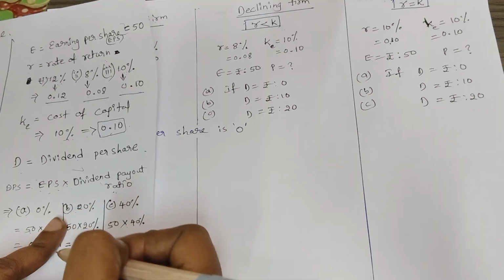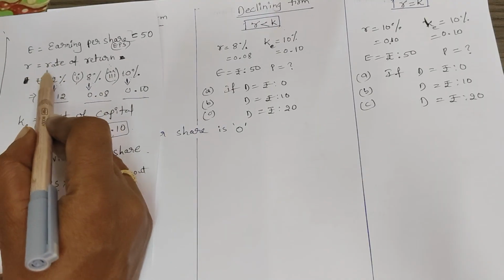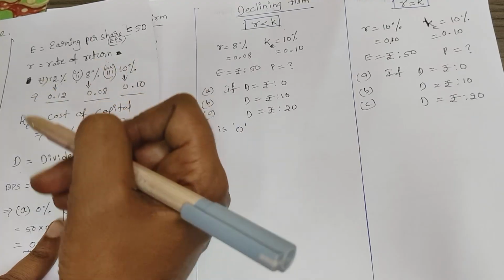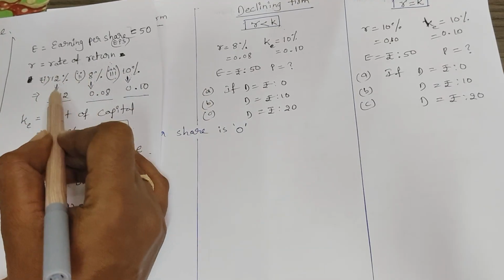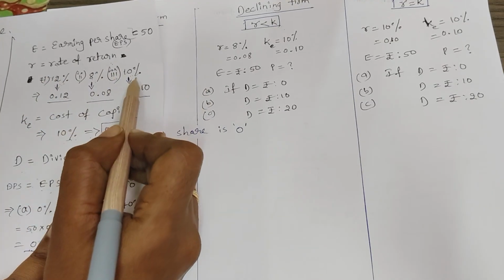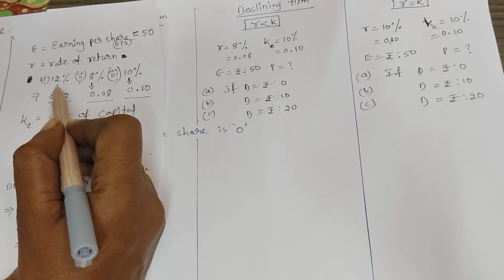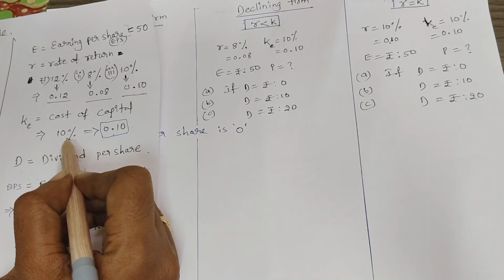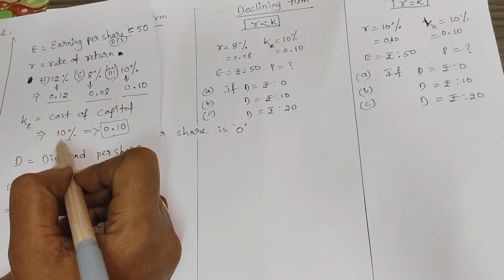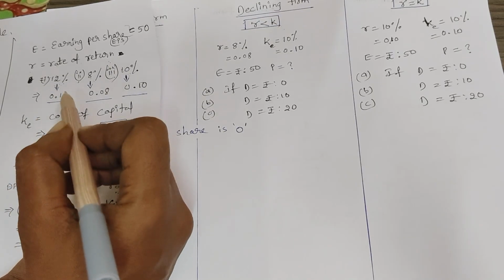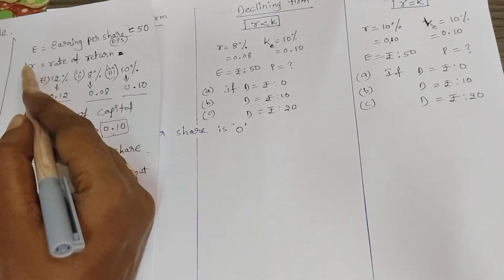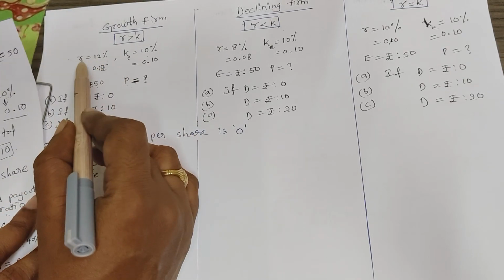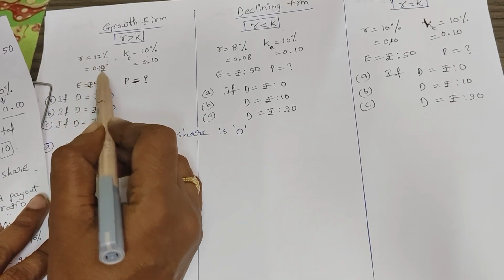Here we have all the details. Yes. So R is greater than K means R value is more, K value is less. See here, we have R values are three values, 12%, 8%, 10%. Which is more value? 12%. So here we need to take 12% and K is equals to 10%. So 12% is more than that of 10%. Okay. So just we need to take under growth form, R value is 0.12, K value is 0.10. See here, R is equals to 12%, that is 0.12.